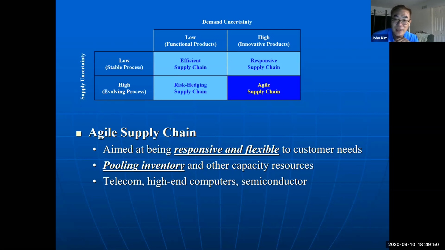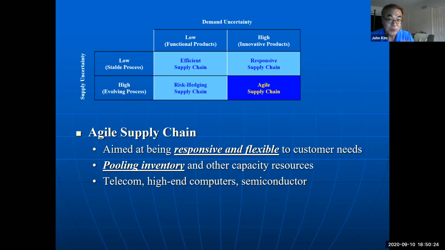So like a telecommunication company, supply side and demand side move fast like that. So uncertainty is high and high like that. So in that case, the company should move fast. To move fast, they should make the company flexible, responsive, safe, and so on.